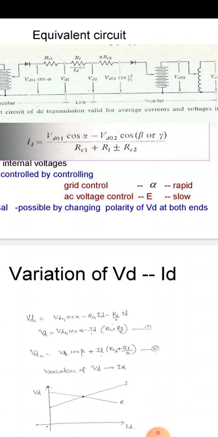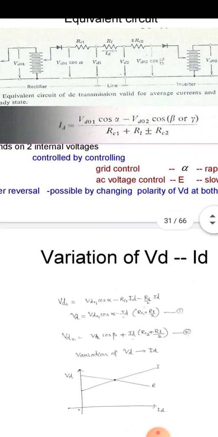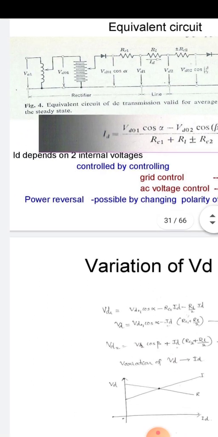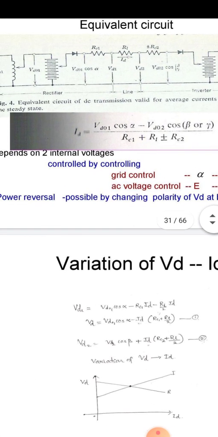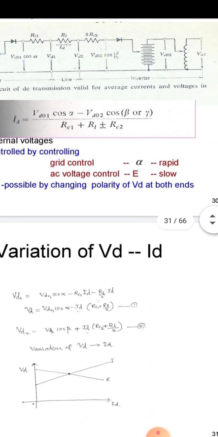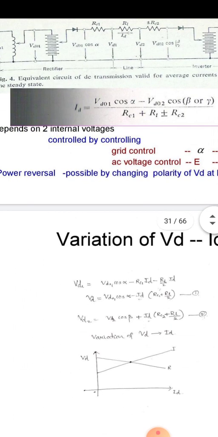That alpha is always rapidly controllable. But the AC voltage control of the supplied voltage E does not control it rapidly. It is a slow process. So the power reversal is always possible by changing the polarity of VD at both ends.